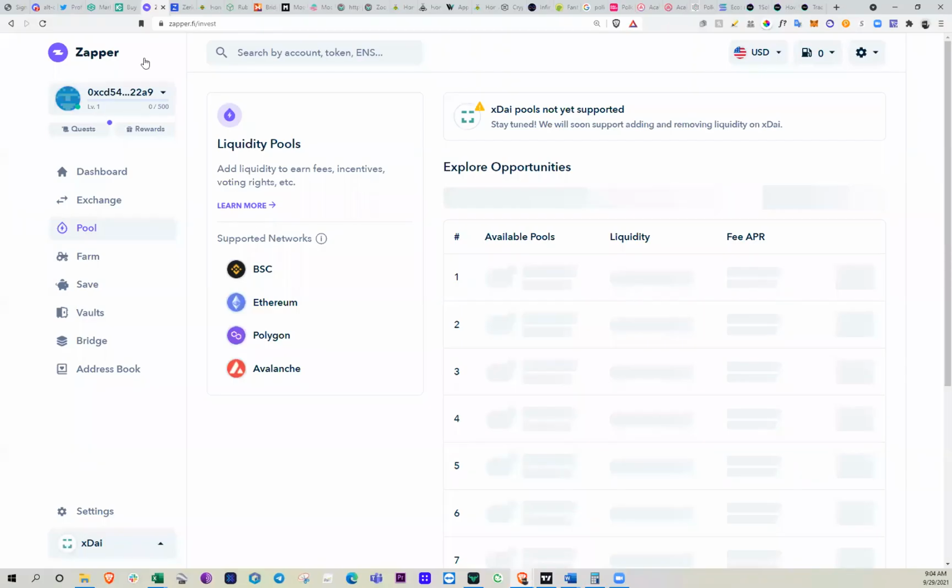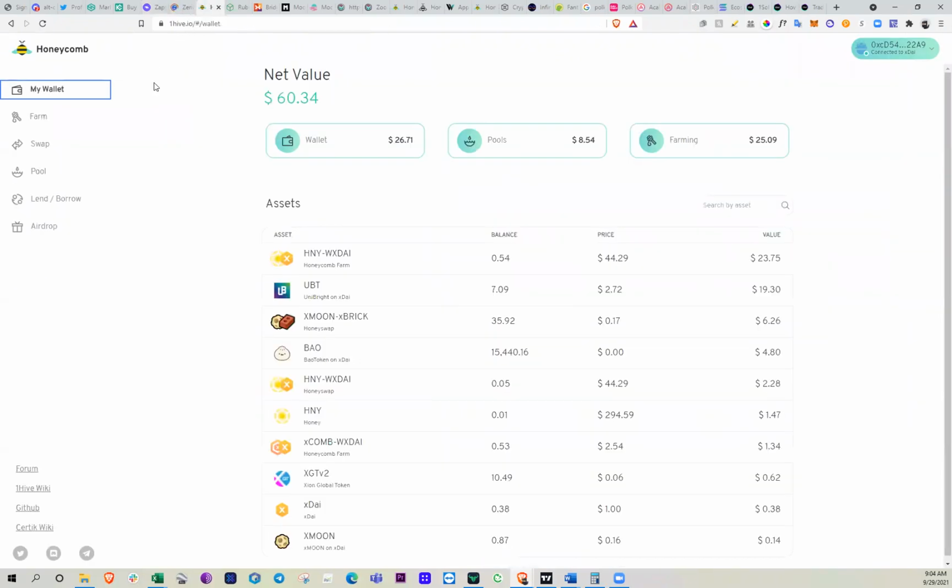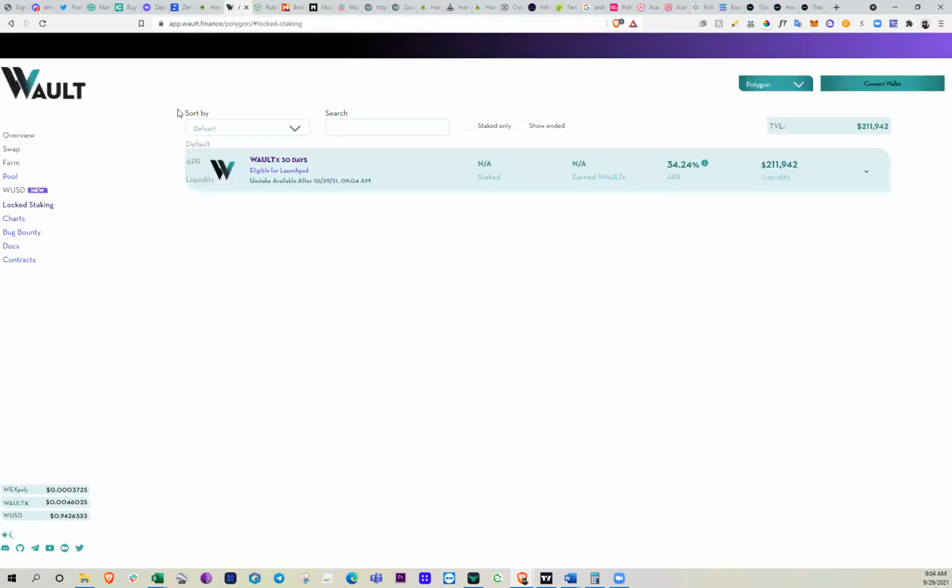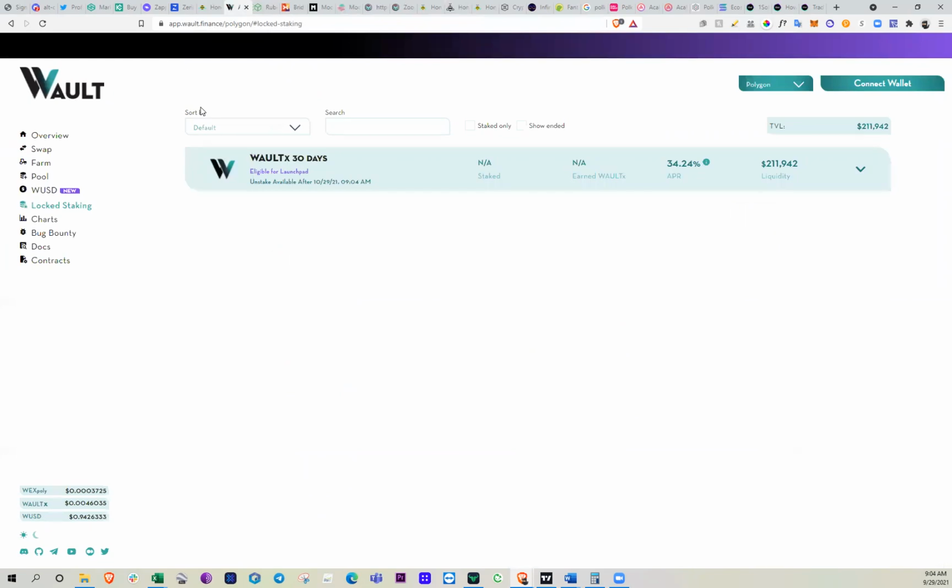But back to this. These platforms like Zapper, Zerion, you have One Hive, which is on XDAI. There's a couple more. I found this one called Walt while I was doing a one-on-one with Juliet, and this is on Polygon's blockchain.